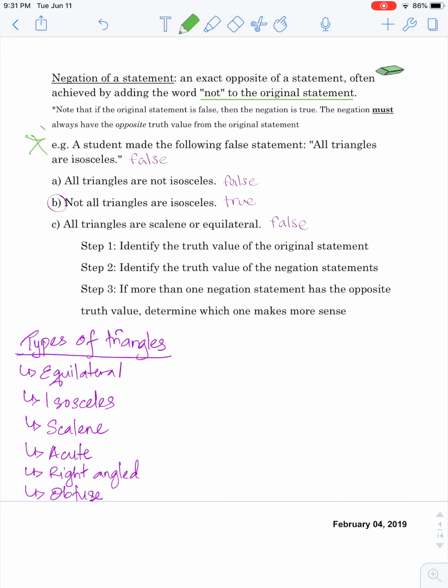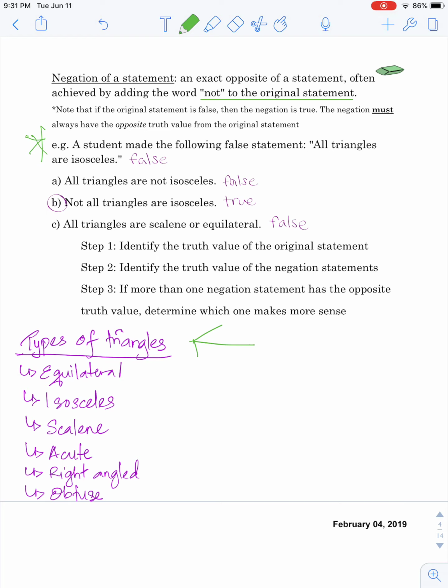Look at this example. A student made the following false statement. So they're already saying that that statement is false in nature. All triangles are isosceles. So that is false. Why? Because we know we have at least 6 types of triangles: equilateral, isosceles, scalene, acute, right angled, and obtuse.